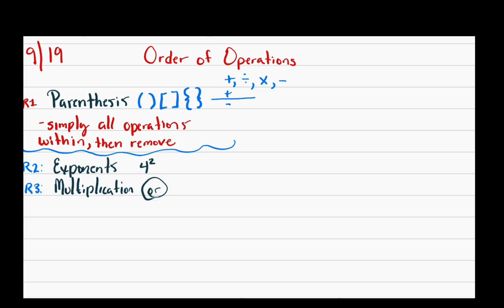or, I want you to circle, or division. Multiplication or division. And then under there, I want you to put from left to right. All right, from left to right. Multiplication and division, they are siblings.